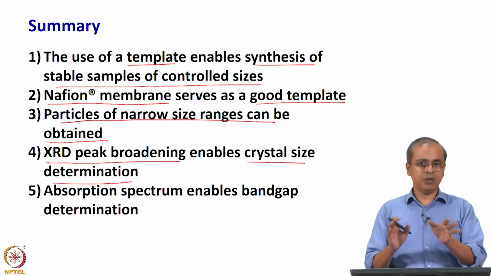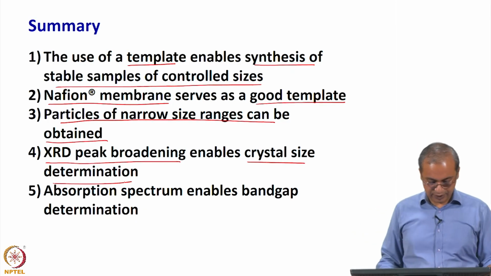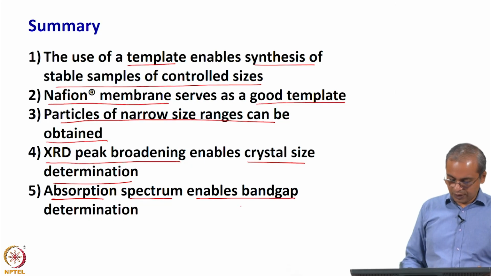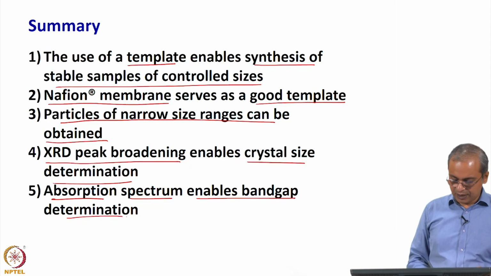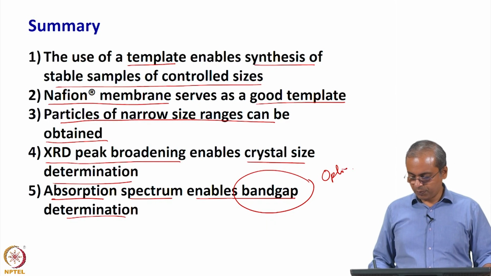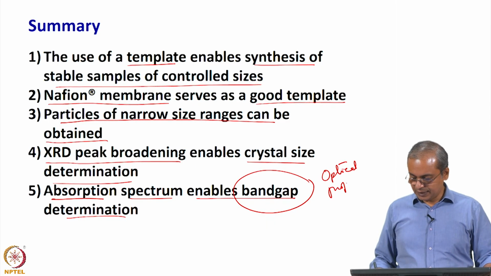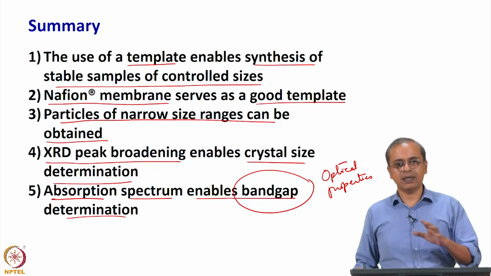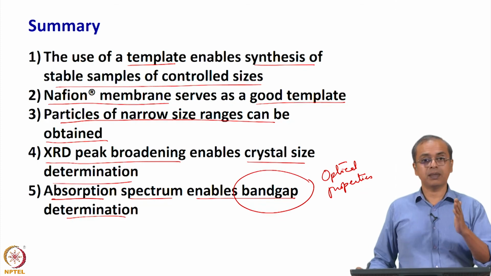There is some variation between a crystal size and a particle size, we will look at that later. And finally, the absorption spectrum enables us to obtain band gap information, which is very useful from the perspective of optical properties, and in a sense is the primary characteristic that we are interested in to help us say something about the optical properties.